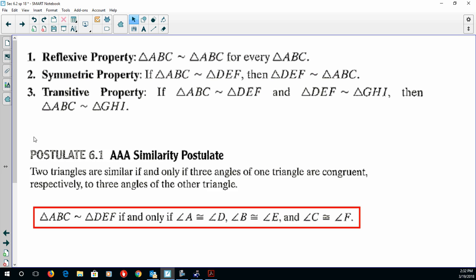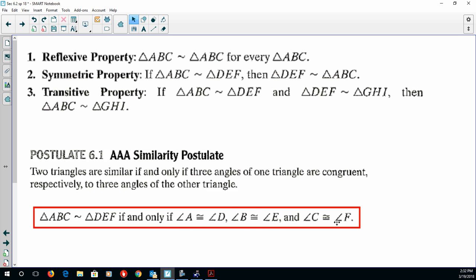It says the 2 triangles are similar if and only if 3 angles of one are congruent to the 3 angles of the other. In other words, you don't have to check everything, you just have to check that corresponding angles are congruent. Triangles A, B, C and D, E, F are similar if and only if A and D are congruent, B and E are congruent, C and F are congruent.